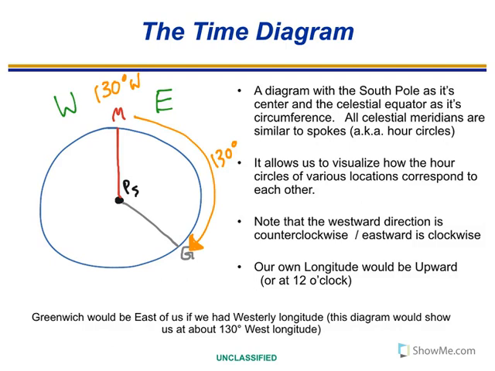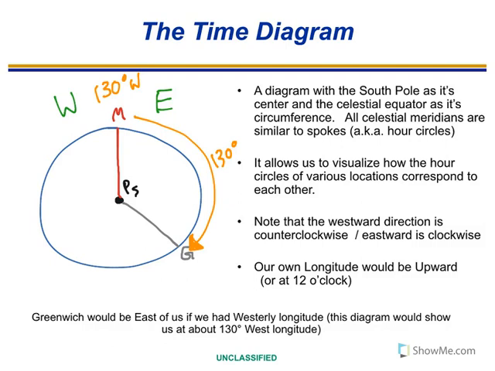Longitude is east or west, whereas GHA is always measured to the west. So let's say we go into the Nautical Almanac, we figure out what the GHA of the sun is at this exact point in time, and the GHA is 270 degrees. That means that the sun is 270 degrees measured west from Greenwich.